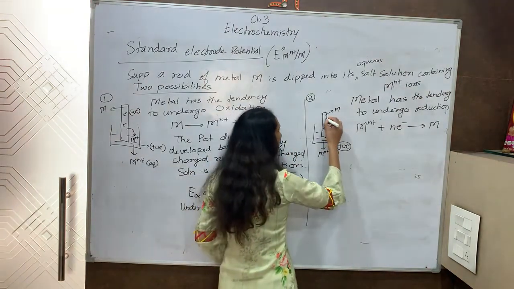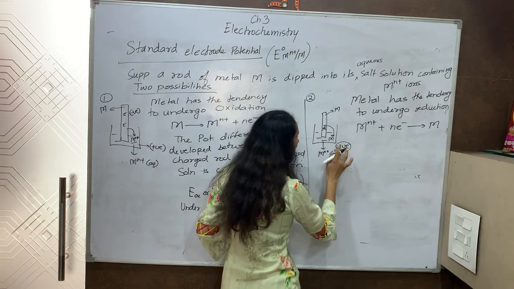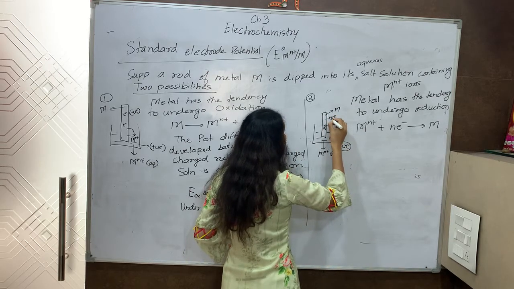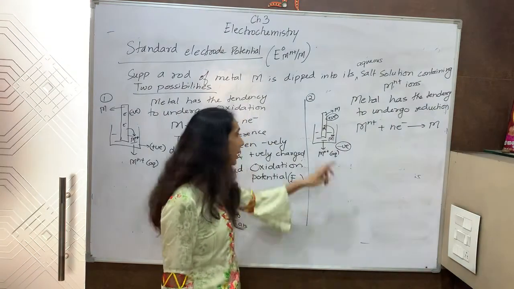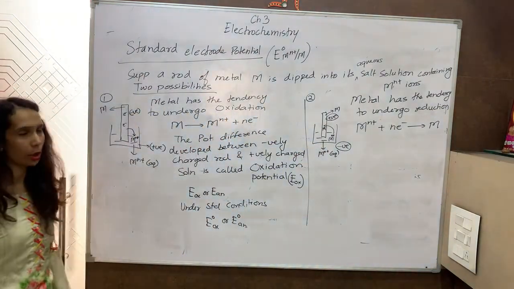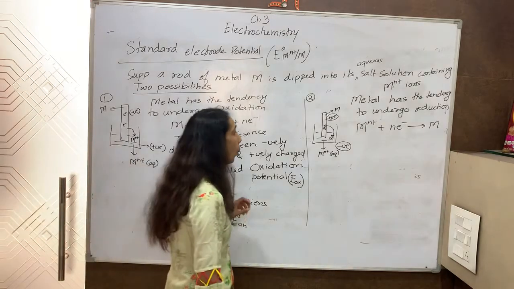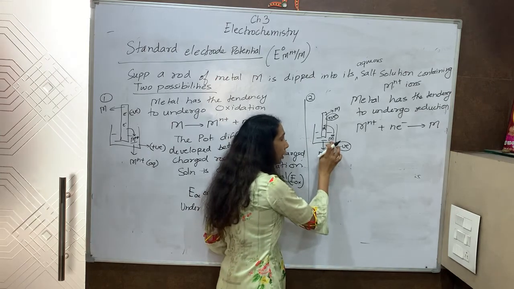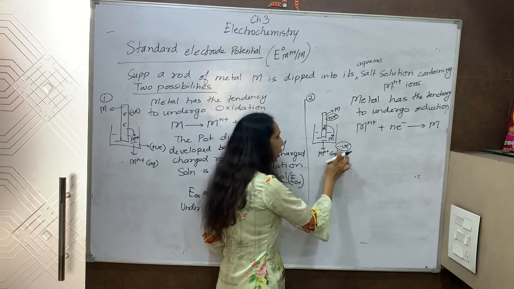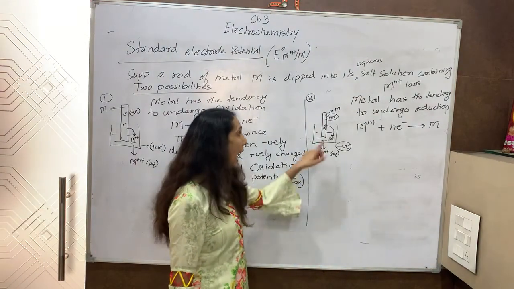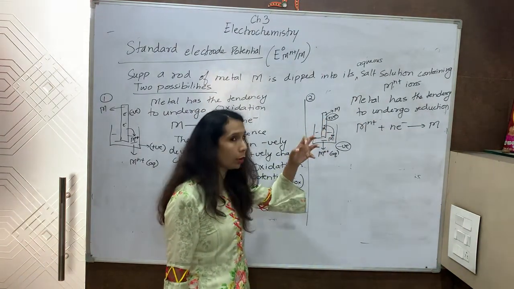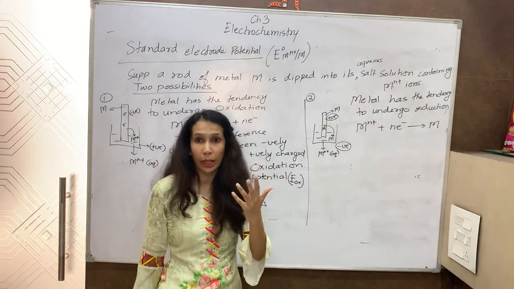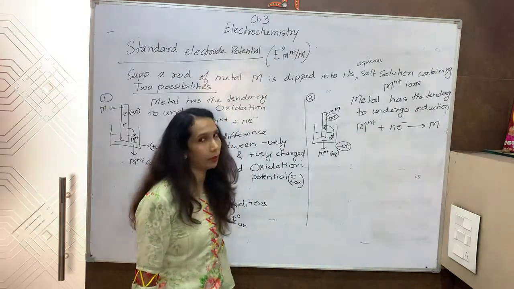So the rod will become positively charged. Again I am repeating, what is happening? Mn+ is depositing on the rod as M. So from the solution, positive ions are decreasing, so the solution will become negatively charged. And Mn+ is taking electrons from the rod and converting into M. On the rod, electrons decrease, so the rod will become positively charged.